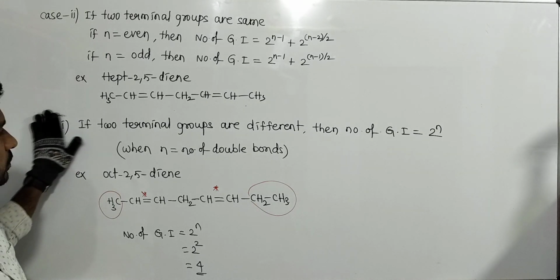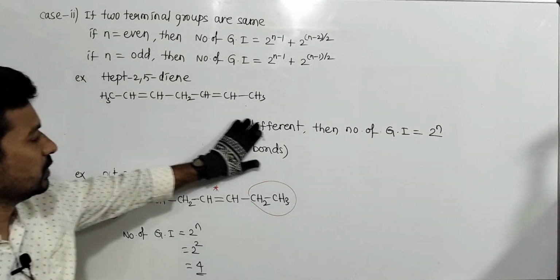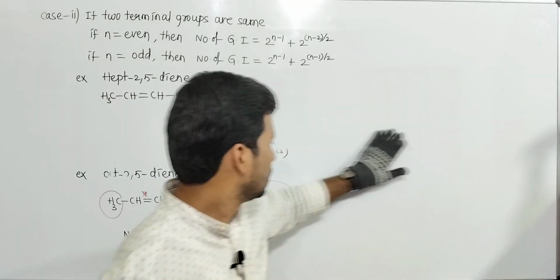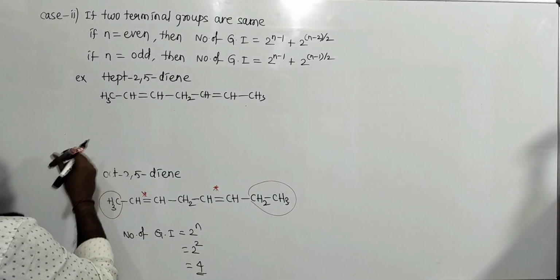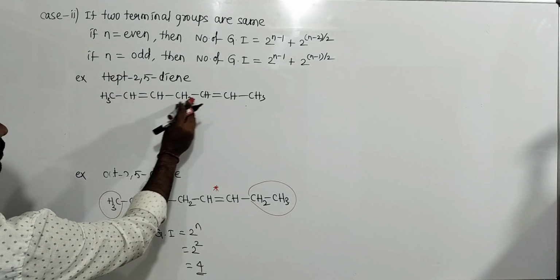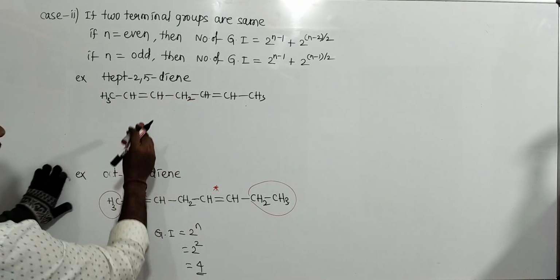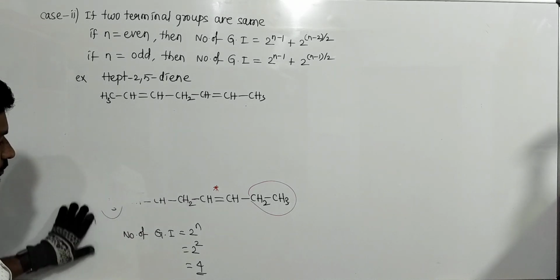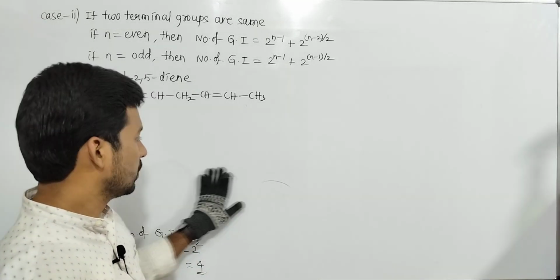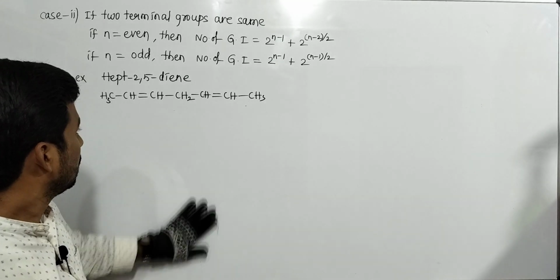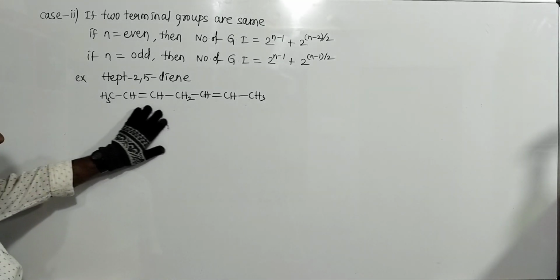Seven carbon atoms, so hept. Double bonds at the second carbon and the fifth carbon, diene. So this is hept-2,5-diene.